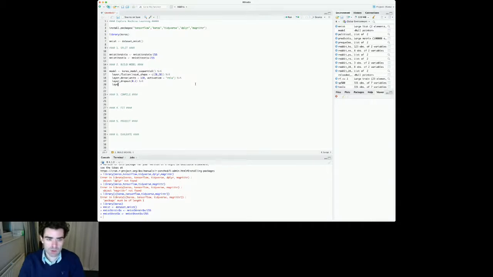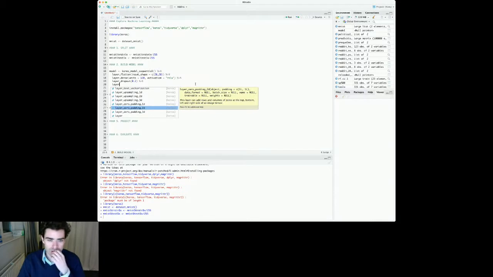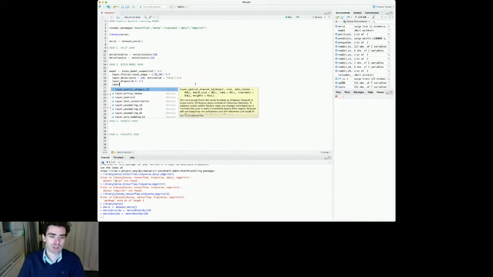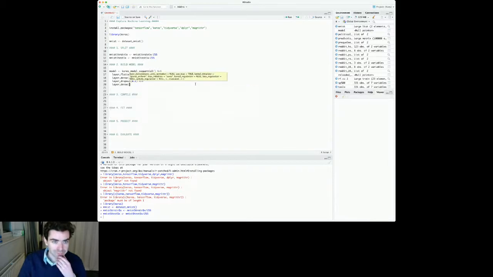We're going to do another layer dense probably. Yeah, let's do another layer dense, 10. Activation. So this is just what we did before.